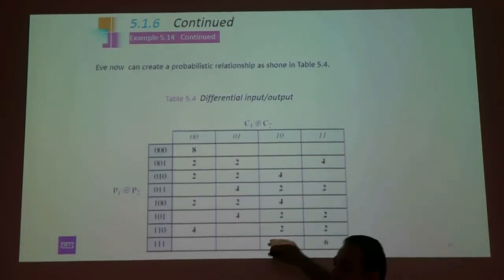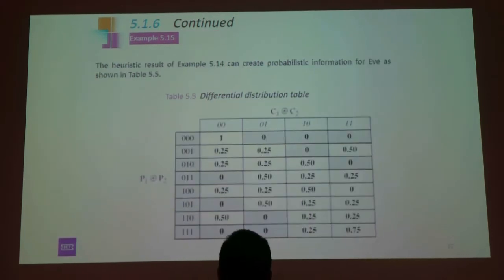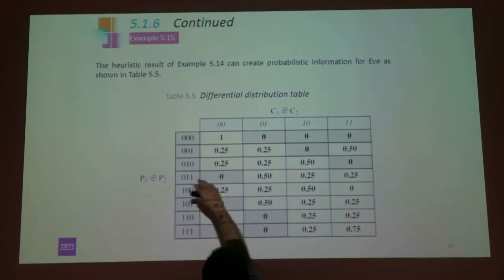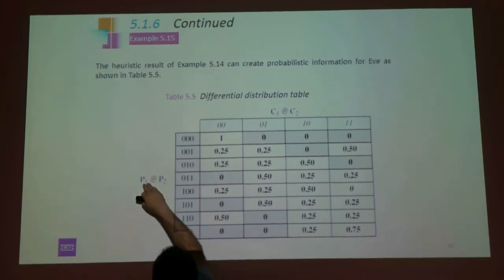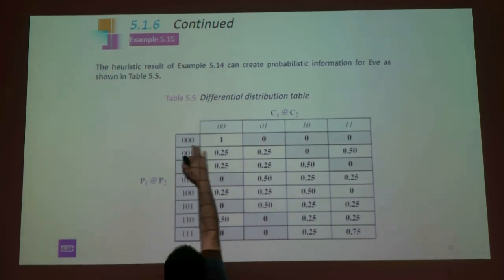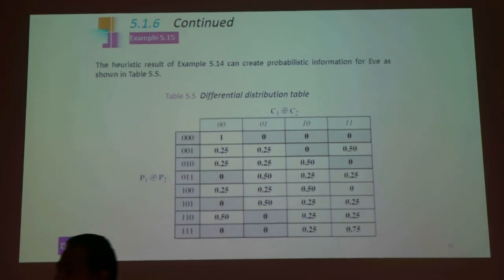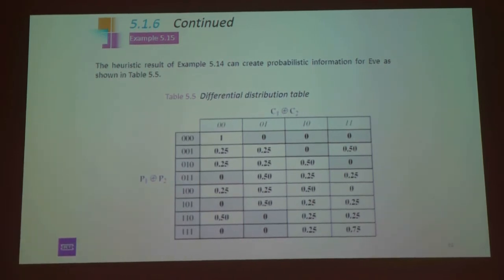Anyways, I built a statistical model here. What does it say? That if you XOR the plain text with 0, 0, it is 100% that the cipher will be 0, 0, right?